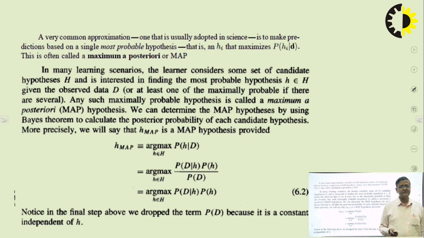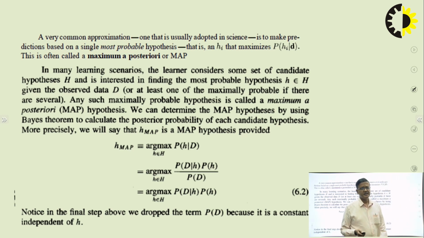Again we can ignore the denominator, and this becomes argmax over h in H of P(D given h) times P(h). Notice that in the last term we dropped P(D) because it is a constant and is independent of h.